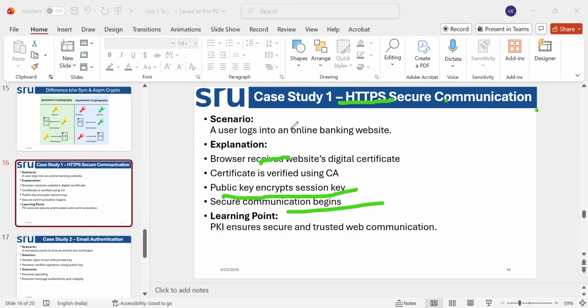So what will happen here? Through the public key, secure communication can be done, and then the particular person can read it using the private key.